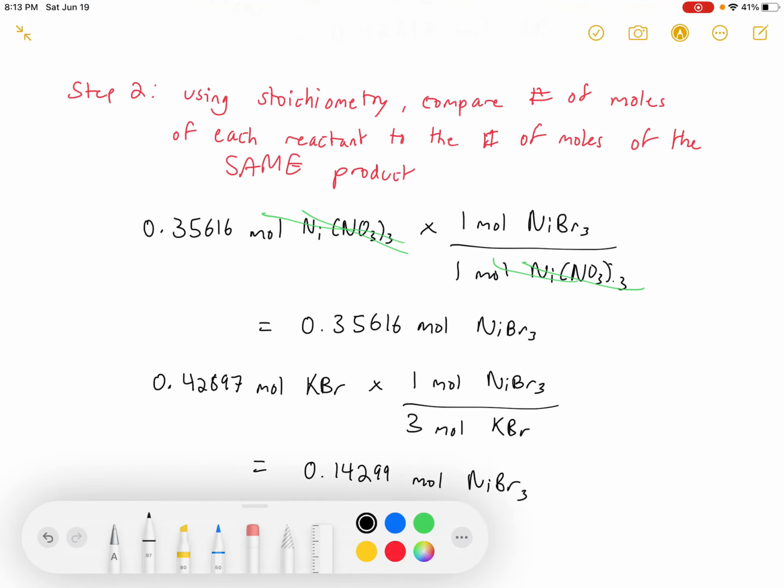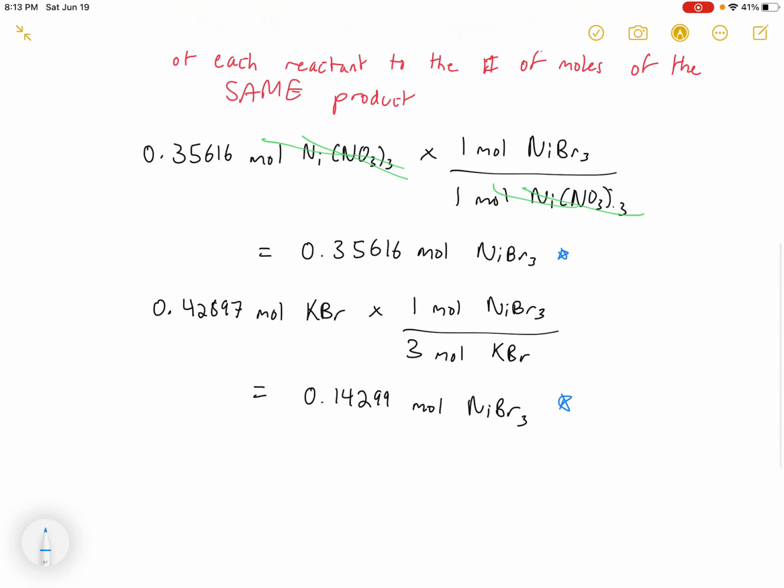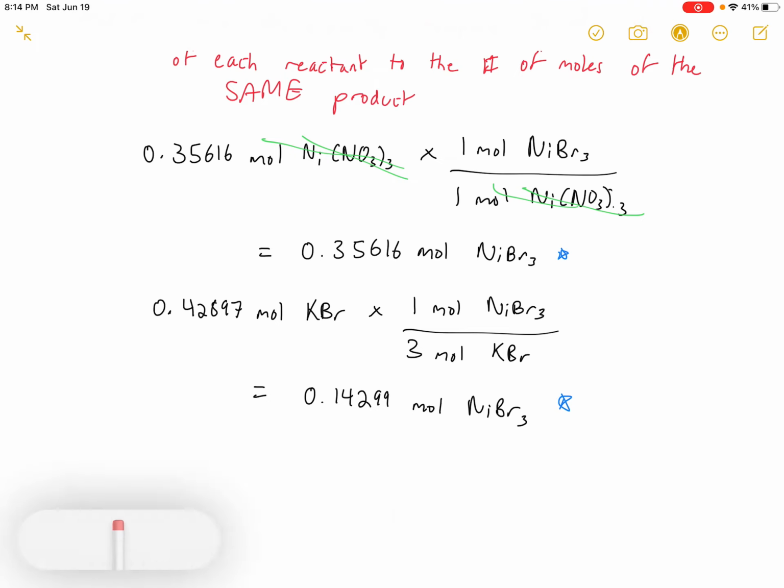So now we have to compare this number with this number. Since the concept of the limiting reactant means the one reactant which runs out first, whichever reactant gives you a smaller number of moles of the product you chose to compare it to, that is your limiting reactant. So between these two numbers, it's pretty clear that this is the smaller number.